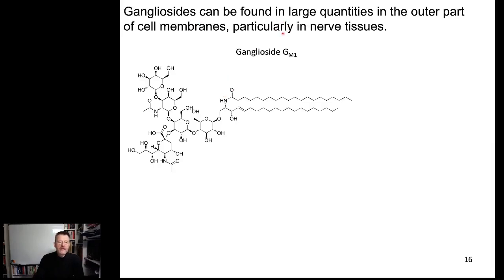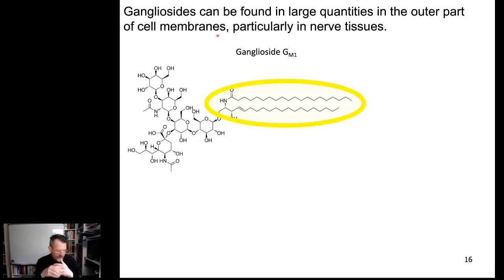And if you remember that I've told you that these gangliosides are to be found in the cell membranes, particularly in the outer part of the cell membranes, then it stands to reason where they interact with the cell membrane, because you might remember from cell biology what the cell membrane looks like: the lipid double layer has a polar outside and a polar inside, because on both sides we've got water as a solvent, and then there is the non-polar part of the hydrocarbon chains interacting with one another, forming this double layer.